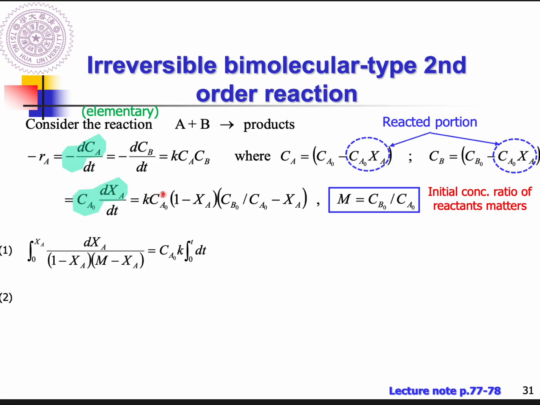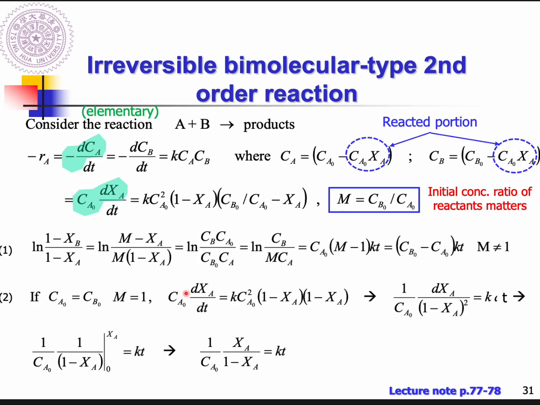So CA you can drop, and you are left with CA0 to the power 1. You need to solve this integral equation. And the second case is M equals 1, so you get 1 minus XA, to the power 2. Okay?